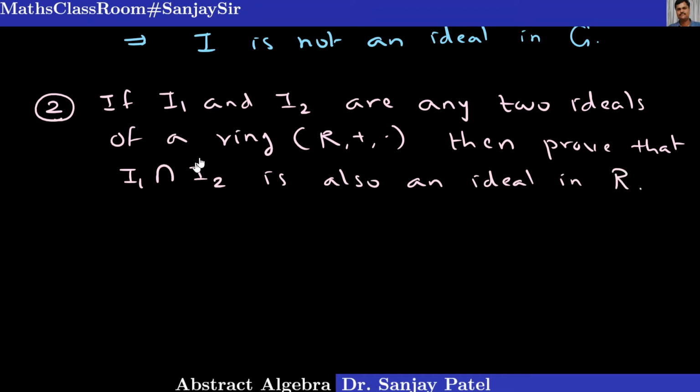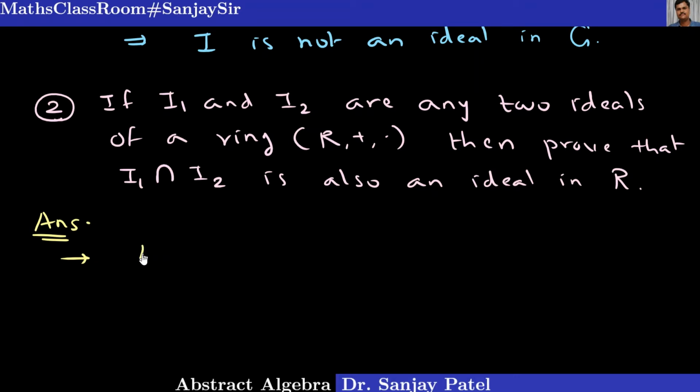Okay. So let us prove this. To prove that something is an ideal, we must check three conditions: that it is non-empty, it is a subgroup of the given ring, and it satisfies that ideal condition. So first of all, remember that I1 and I2 are ideals here. So they contain 0 because they are subgroups with respect to addition.